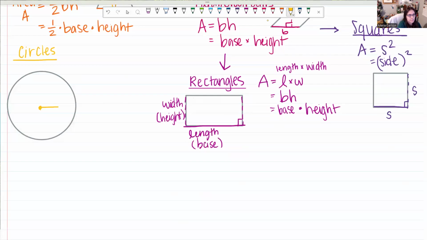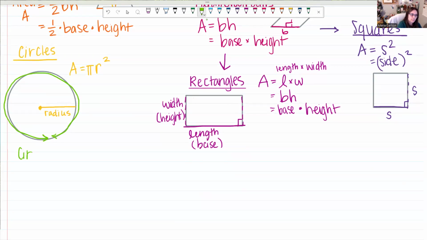And the radius is the distance from the center to the outside edge. So the area of a circle is always pi times the radius squared. So that's the area. Another important thing that you need to know for circles is the circumference, which is really the distance around the outside edge.